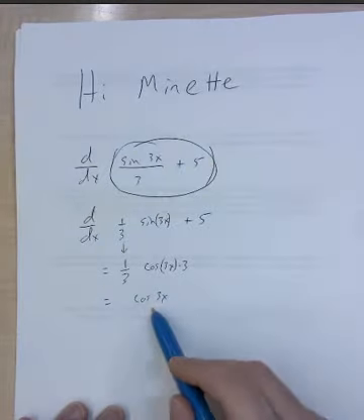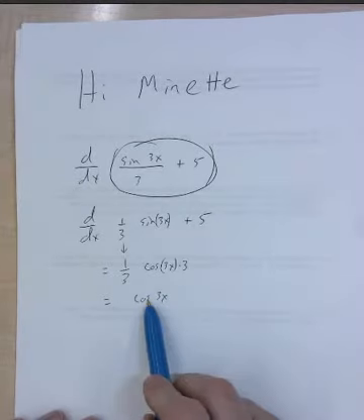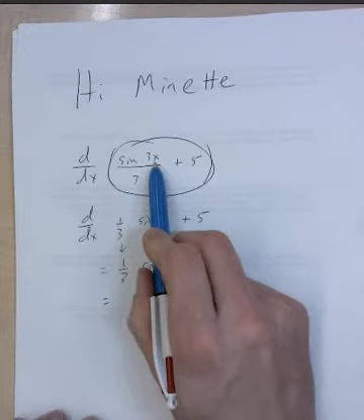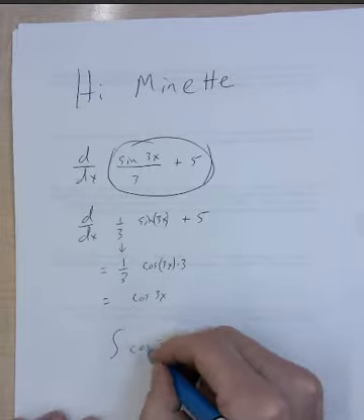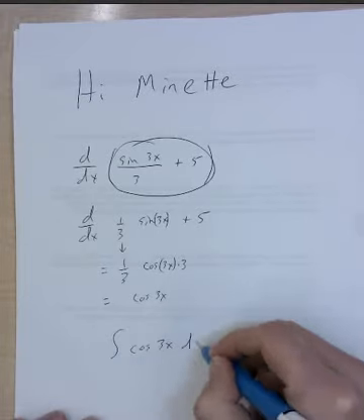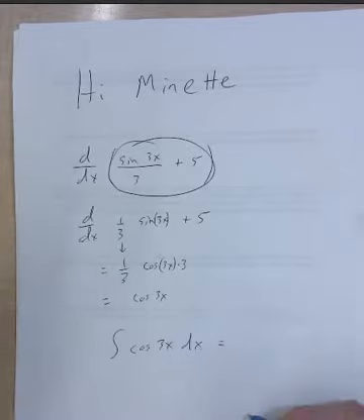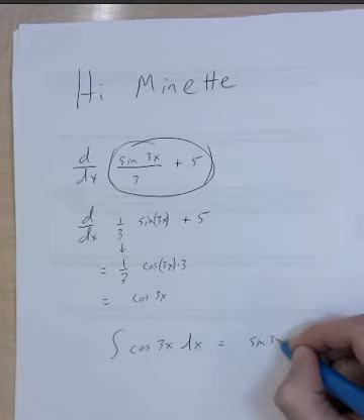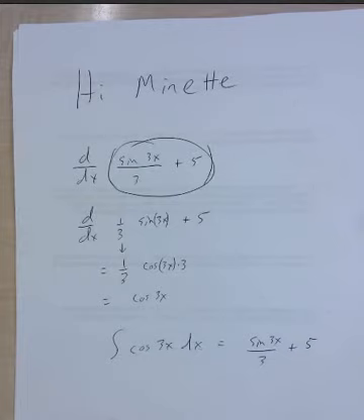If we work backwards, aka do the integral, and we do the integral of this, we should get that. Does that make sense? Okay. So the integral of the cosine of 3x dx, we always have to write the dx, equals what we have up here: sine of 3x over 3 plus 5.